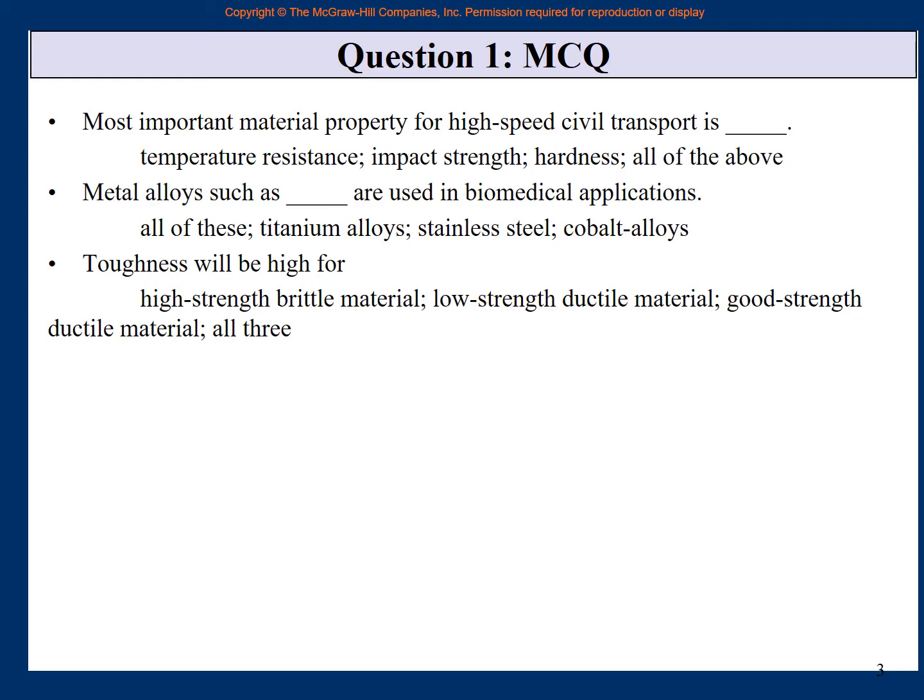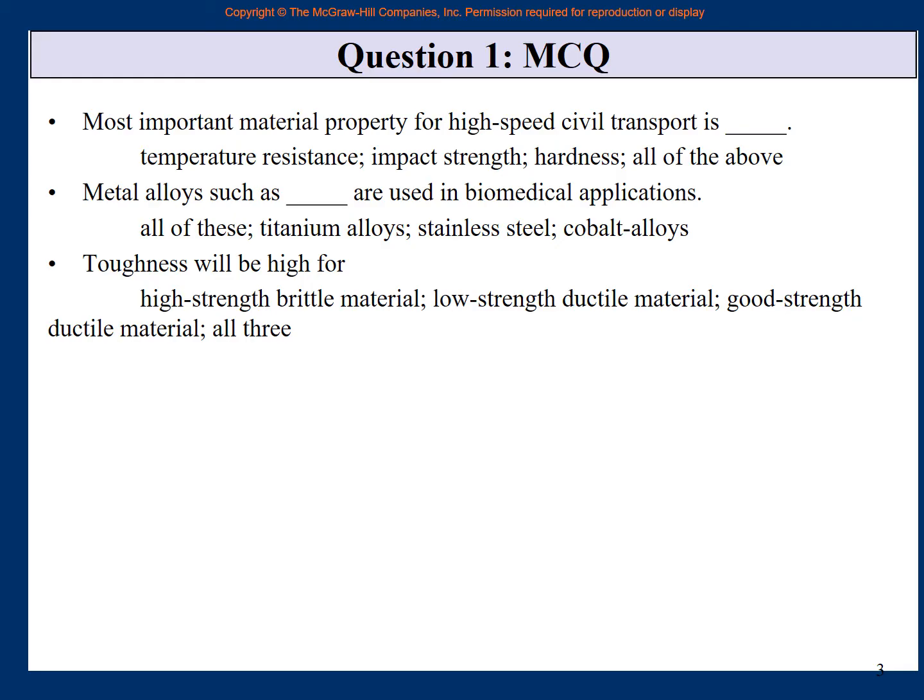Low strength ductile material: strength is low, so the height of the curve is small. Ductility is good, but the area under the curve is still small. Good strength ductile material: the strength is high, so the vertical side is high, and the ductility is also high. So the area would be largest under this one. So toughness will be high because toughness is the area under the stress strain curve. Okay.